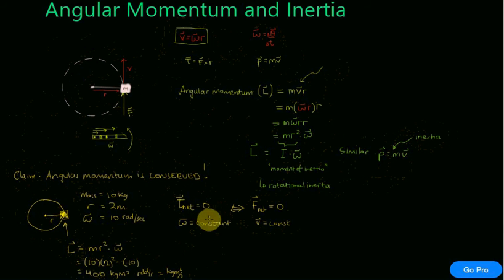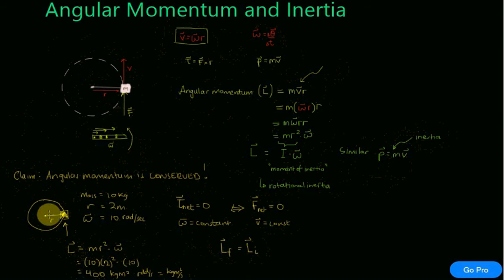Part of this claim that angular momentum is conserved states the following: the final angular momentum is going to be equal to the initial angular momentum. And why would this be of any importance to us? Say, for example, the following scenario happens.